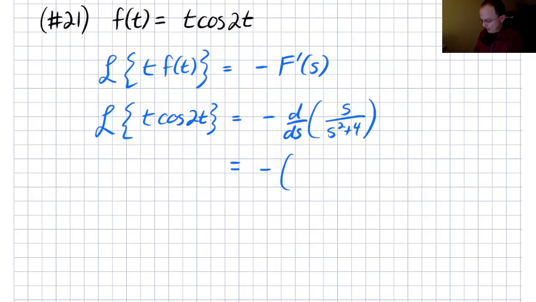Never been a big fan of the quotient rule. Okay, low D high minus high D low. Okay.